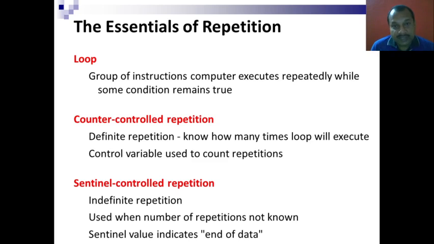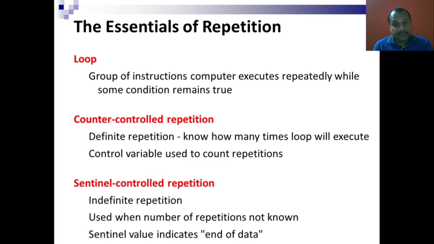If it is the case that you go until you reach -9, then you do not know when it will reach -9. It can be the first input, the second, the third, or any input. So when the execution starts, I do not know. That's why it is called indefinite repetition.